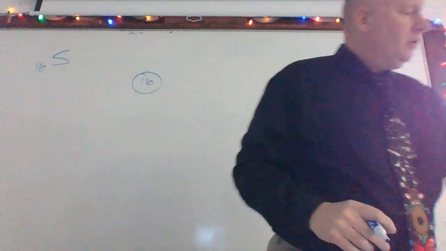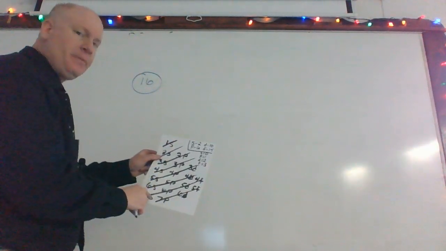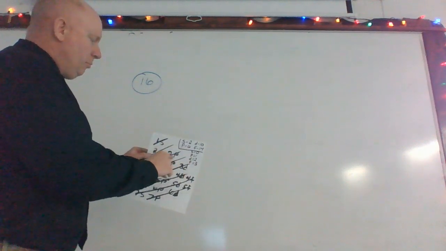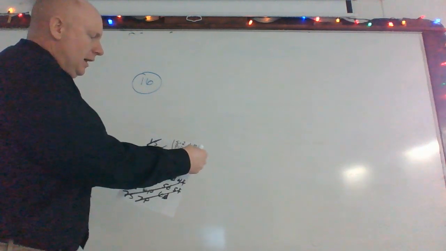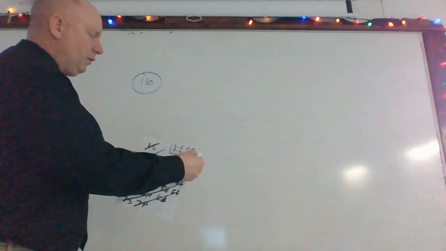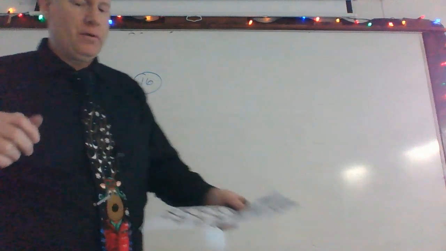So what we do is, for every S block, we see it can hold 2 electrons. Every P block can hold 6 electrons. A D block can hold 10, and the F block on the very bottom of your table holds 14.